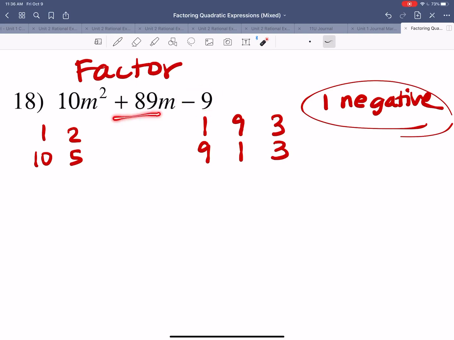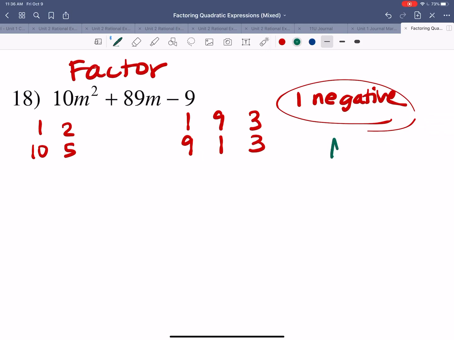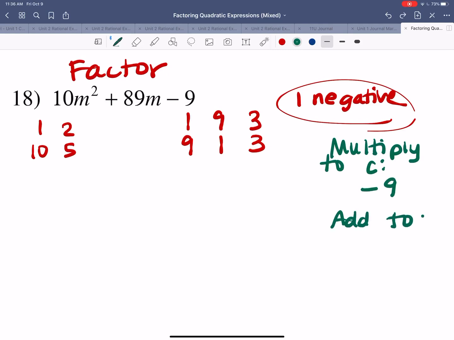Meanwhile, I want to add to a positive 89. Just in case it helps, I'll write: multiply to C, which is the -9, and add to the B value, which is 89. I'm not going to put the negative sign, I just want to get the right numbers right now.